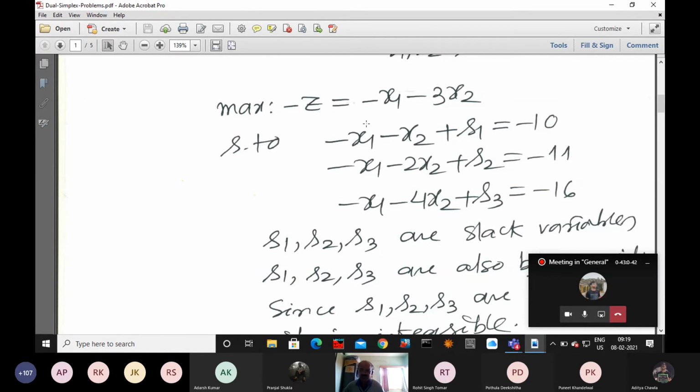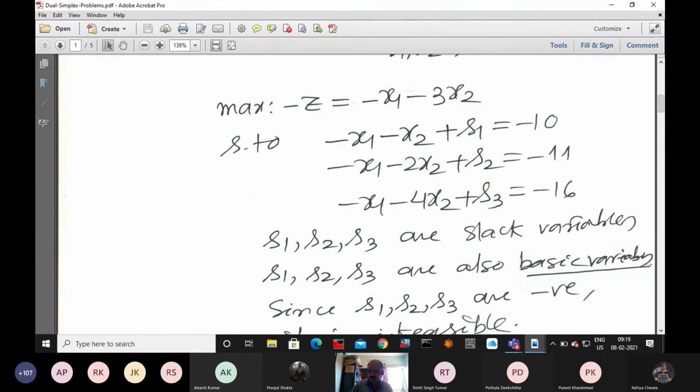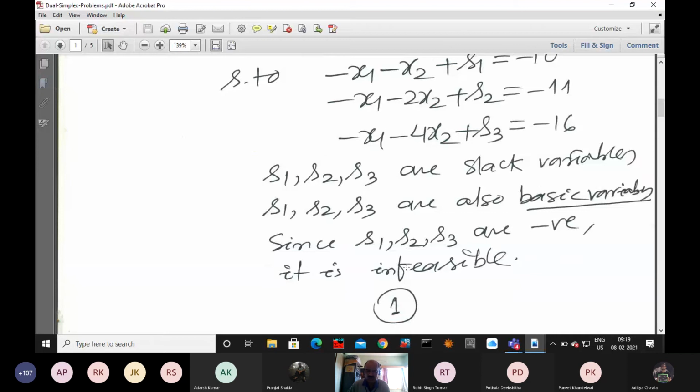Here s1, s2, s3 are the slack variables, which are also known as basic variables. In this problem, s1, s2, s3 are negative, so certainly you can say it is infeasible.